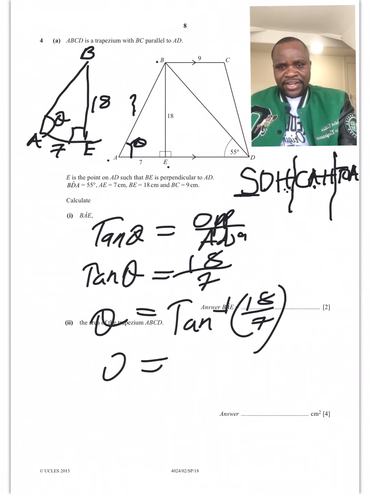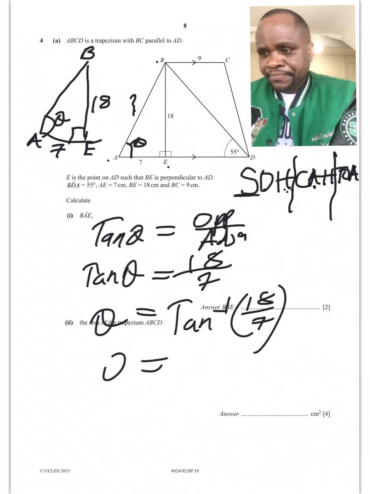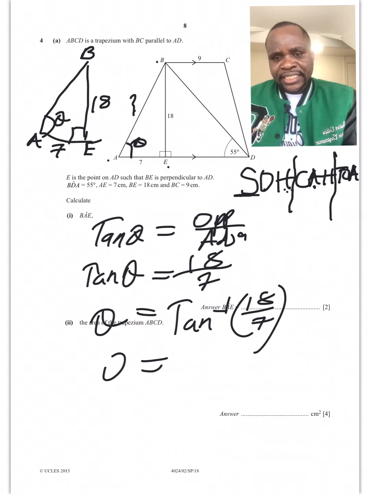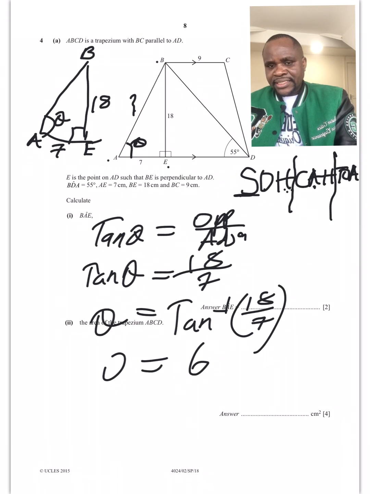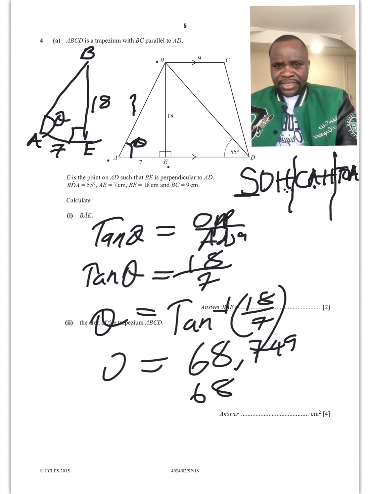When you go to a calculator, what is arctan of 18 over 7? All right, let's see from the calculator. Okay, right, what we get is 68,749, which is roughly, when we round it off, 68,8.